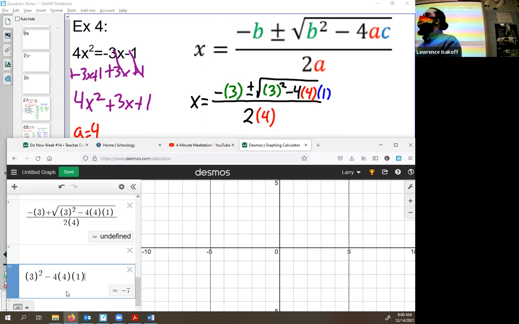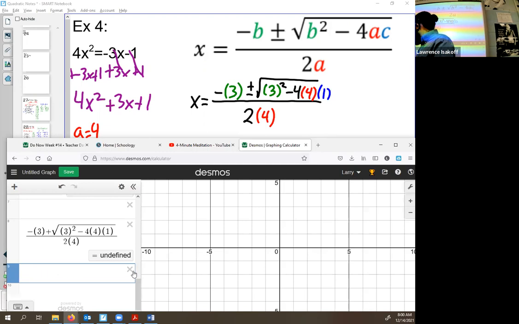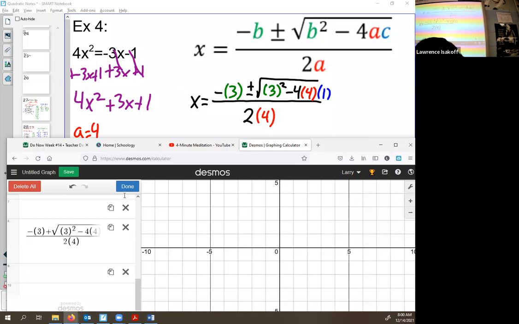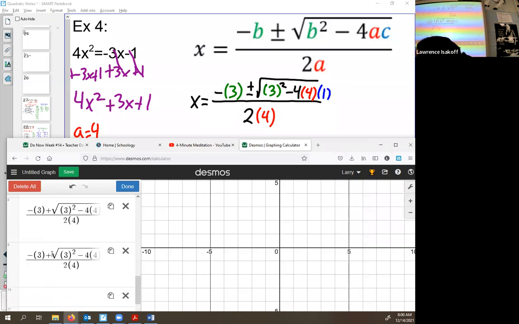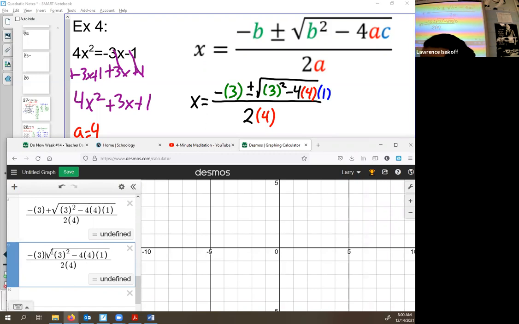You'll learn how to take a square root of a negative in IM3. Right now in IM2, we're just going to stick with, hey, this is undefined. We can't take the square root of a negative, so it is simply undefined. And look, if I change it from a plus to a negative, that's not going to change the fact that it's still spitting out undefined here.